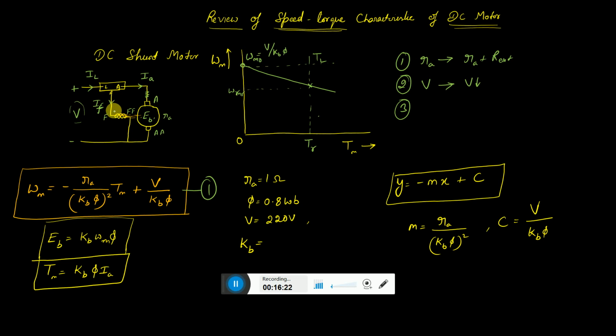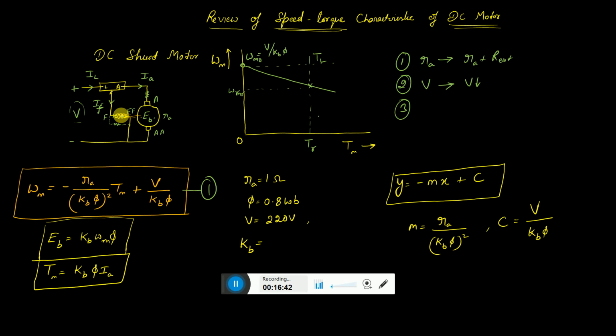I think there is no chance. What is possible is that you can have a diverter over here. You can connect a resistance which will act as a diverter, and the current going through the field winding can be decreased.